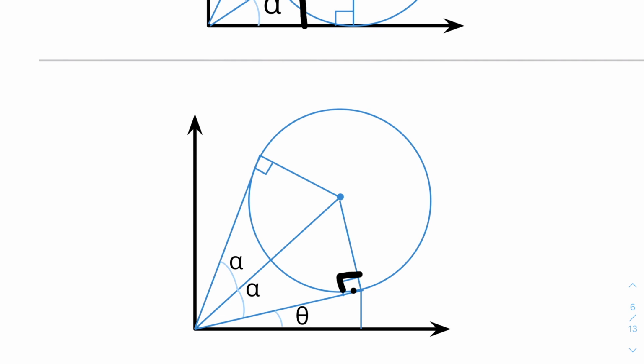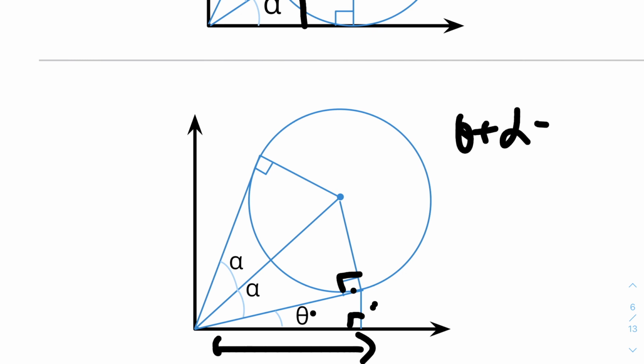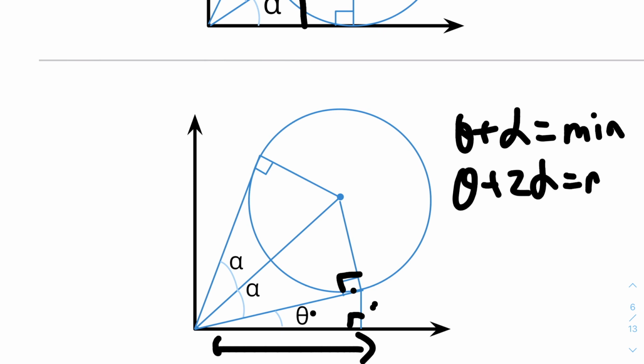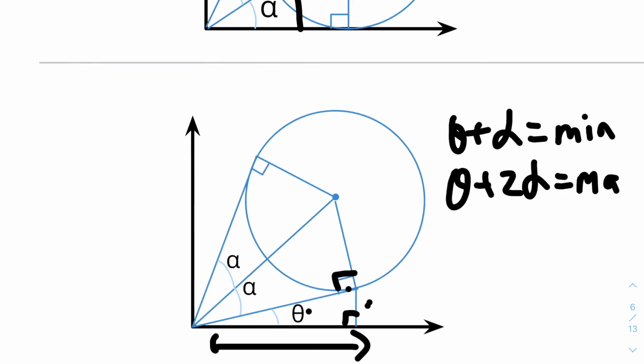So we have to find this angle by doing some trick, because we can find this length and this length to find the angle. Basically theta plus alpha equals the minimum, and theta plus 2 alpha equals the maximum, like so. And we just have to make sure that these are all right angles, right angles, right angles. It's really important.